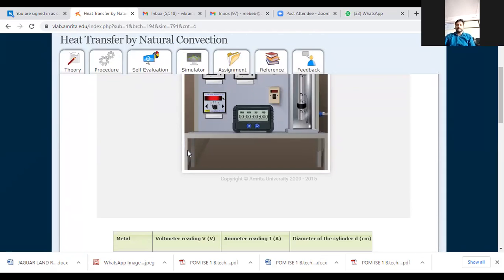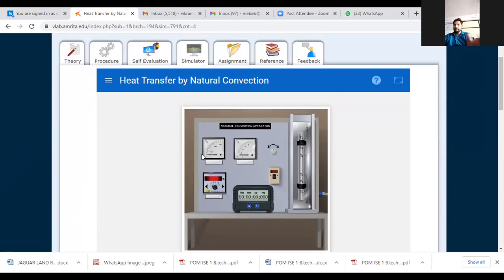So this is the diagram of our experimentation part. Here you can see that this is the duct. Inside this duct, a cylindrical hollow tube is provided, and inside that hollow tube the heater is provided, which will consume electricity, and electric energy will be converted into heat energy. Over that surface, we can see 2 suspended thermocouples, and 4 are placed on this particular surface.